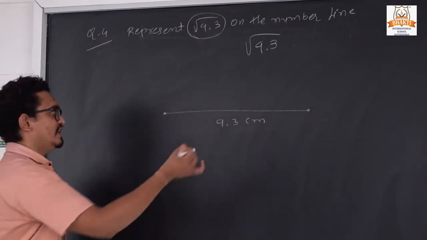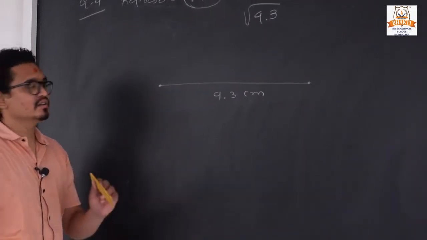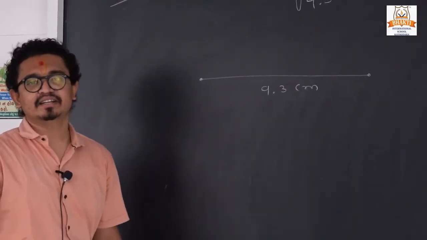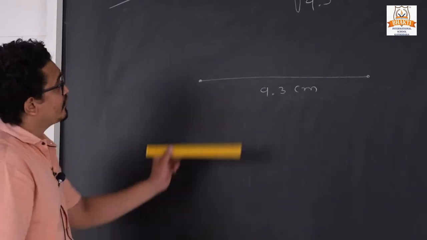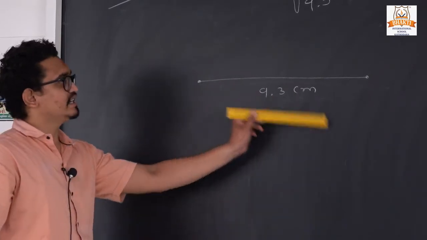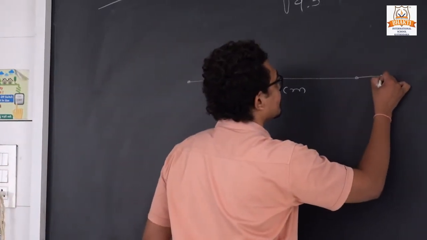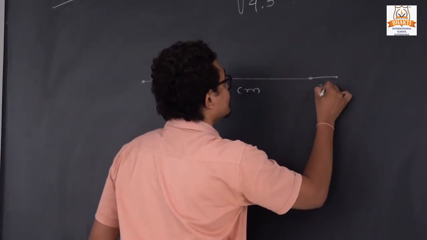You can draw the line in your book with a measurement of 9.3 centimeter. After drawing 9.3 centimeter, we can draw one more centimeter. So it will be 1 centimeter.